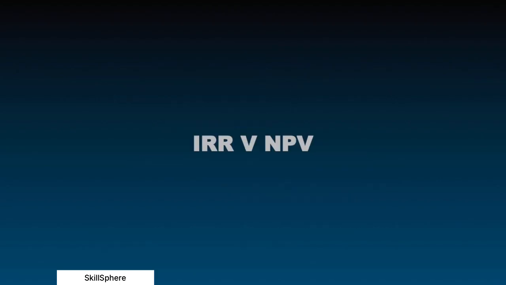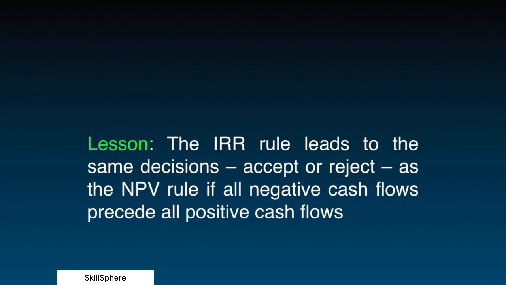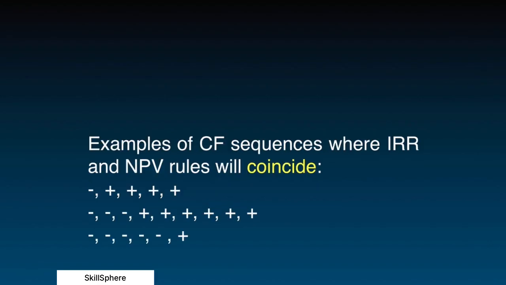So let's compare it to NPV, and let's do it by way of an example, shortly. First, the IRR is going to lead to the same decision, accept or reject, as the NPV rule if all negative cash flows precede all positive cash flows. Here are some examples of cash flow sequences, at least the sign of the cash flows, where the IRR and NPV rules will coincide.